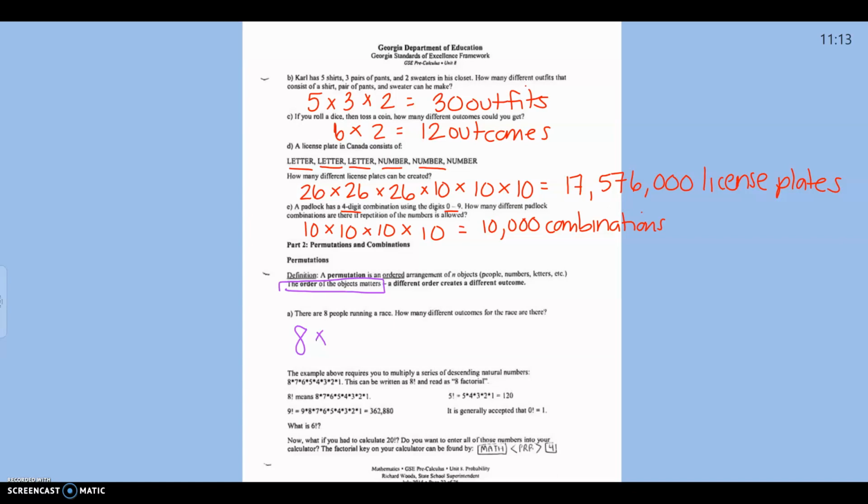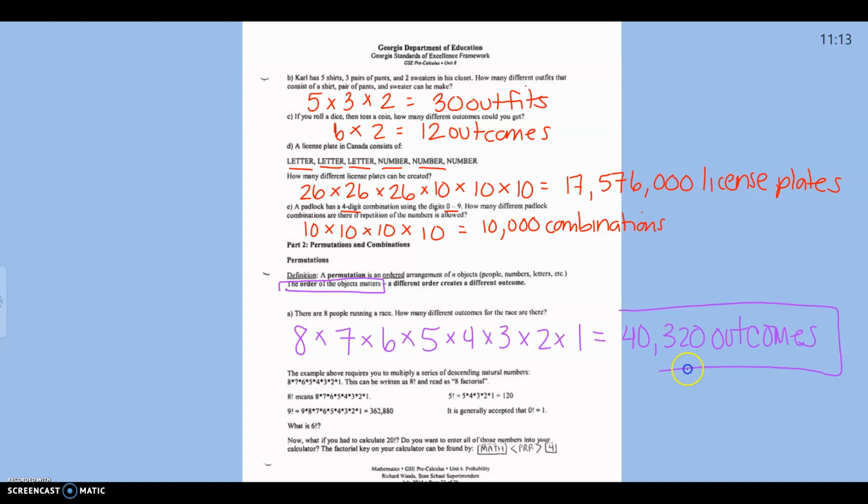Now she can't come in second, so now we're going to have 7 people to choose from. And then for third place, you're going to have 6 people to choose from. And then from there, it's going to go all the way down to 8th place, where you have 1 person to choose from. So there are 40,320 possible outcomes for this race.